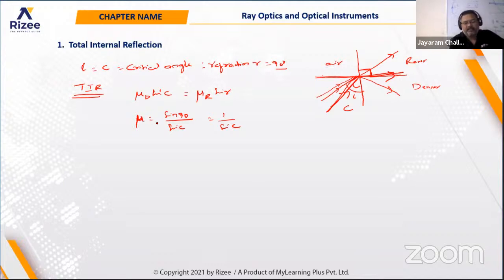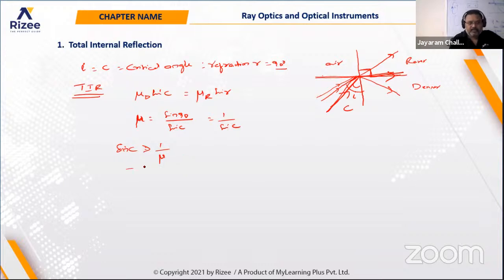These are the main conditions. That means sine C should be equal to 1 by mu, and then we can get these relationships.